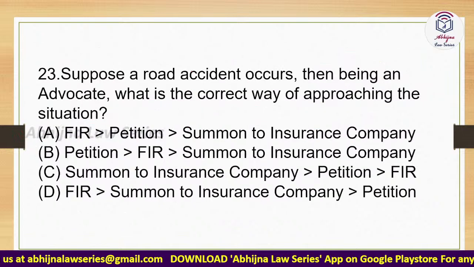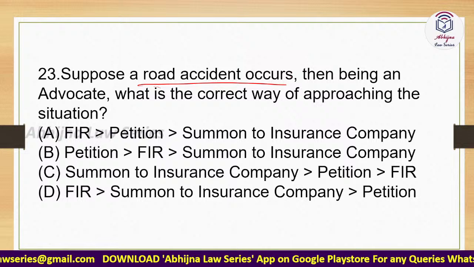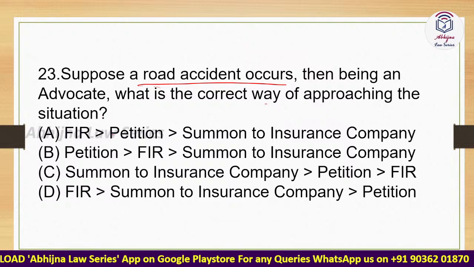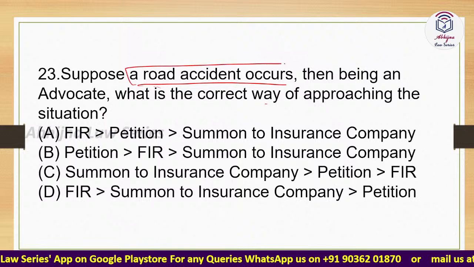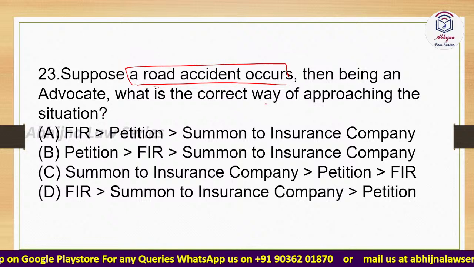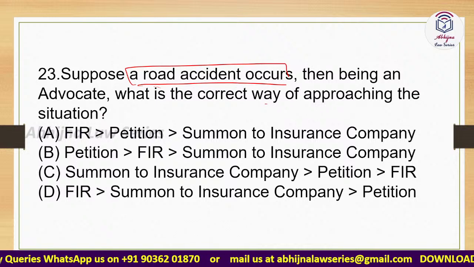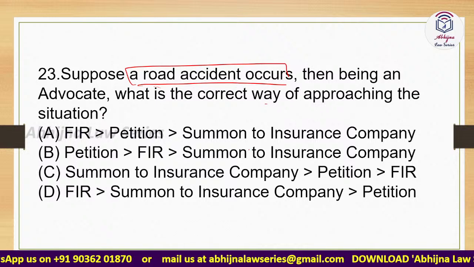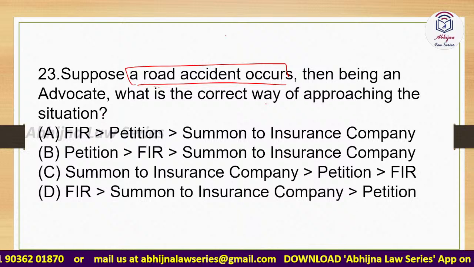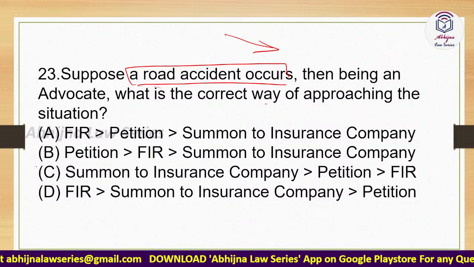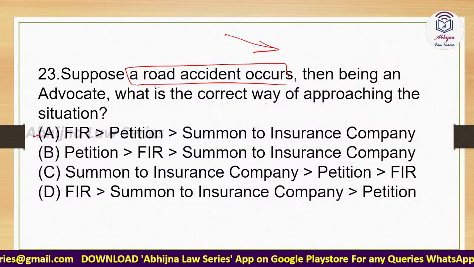Next one, suppose a road accident occurs, then being an advocate, what is the correct way of approaching the situation? In this case, whenever a road accident occurs, they are going to file an FIR.